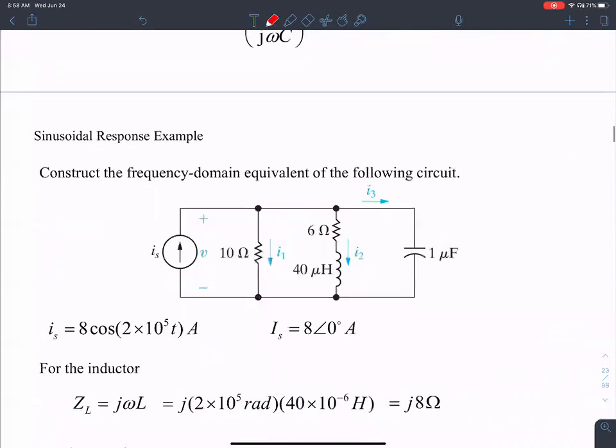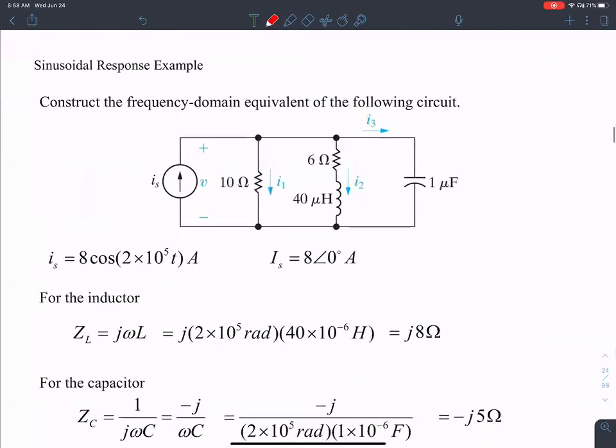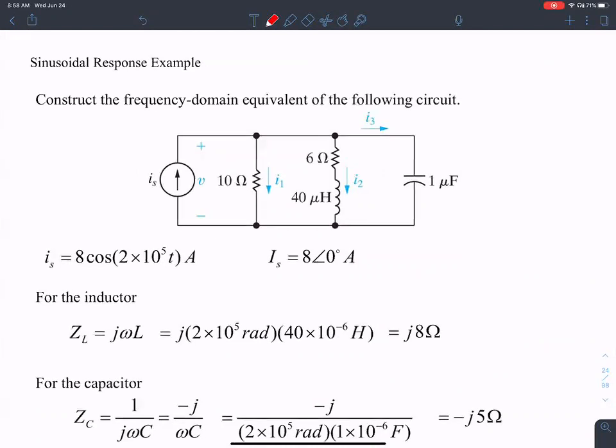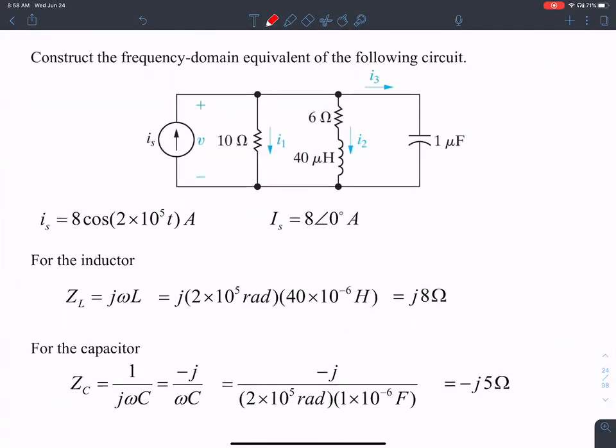Let's look at an example. Construct the frequency domain equivalent of the following circuit. I have a circuit in the time domain with its ohms given, its L given, and its capacitance given.